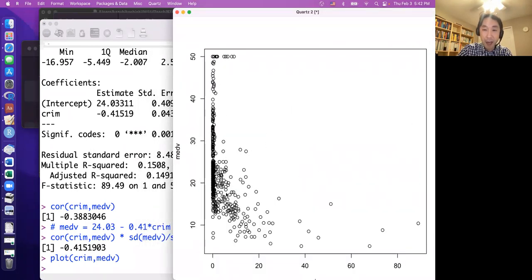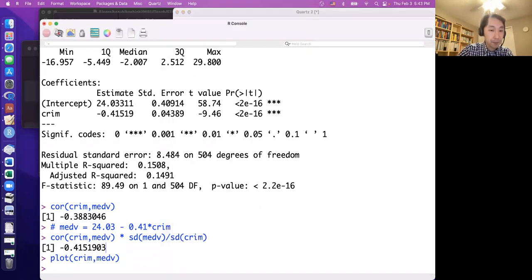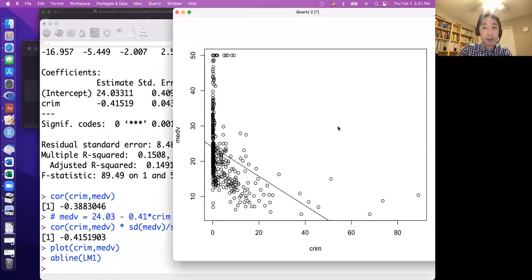So maybe we need some transformation of this X value, I mean the crime rate, because many of these are really close to 0. Then we can get this regression line. Okay, so this makes poor sense. Maybe it makes some sense, but it's not the best thing to do.